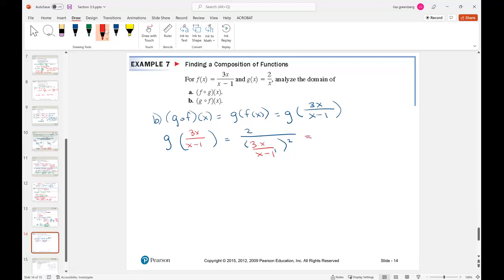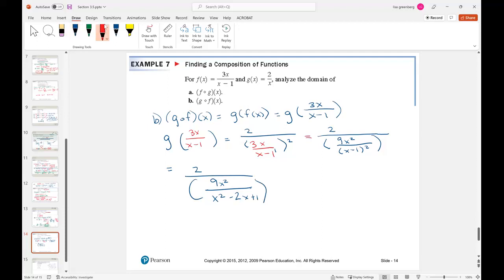And I can evaluate this to be 2 over 9x squared over x minus 1 quantity squared, which is equal to 2 over 9x squared. I evaluate x minus 1 squared, and I get x squared minus 2x plus 1.